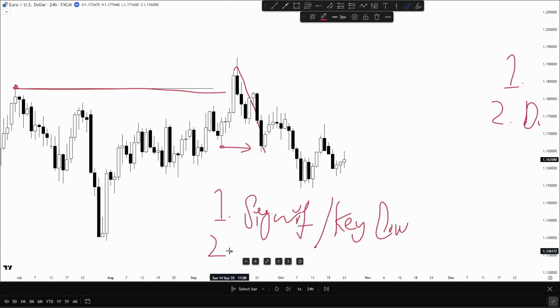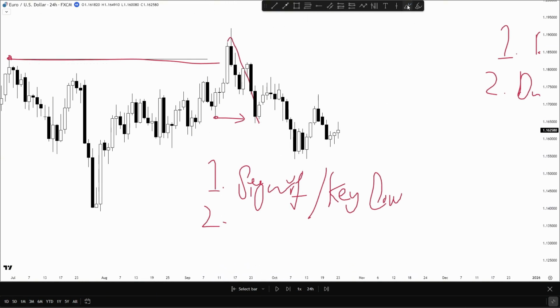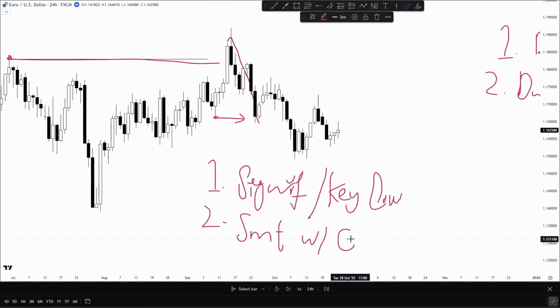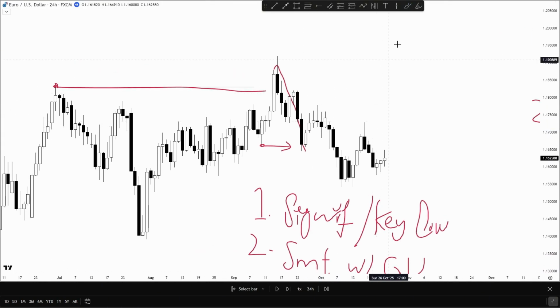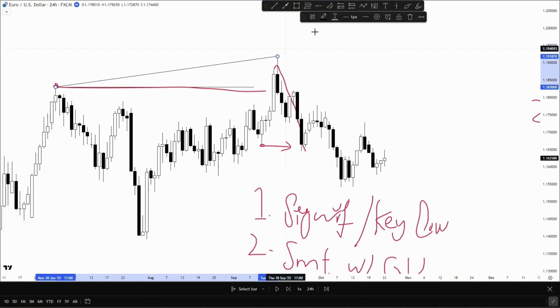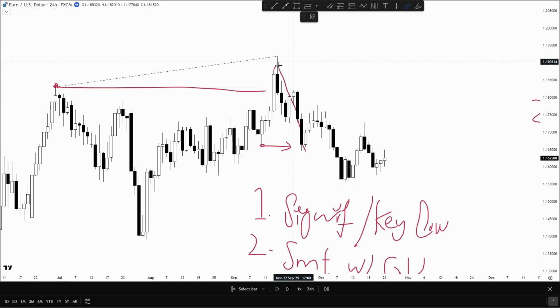The second reason here is that we had an SMT with GU. Okay, you can see that EU took out this high. Let me show you. EU took out this high, but GU failed to do so, and that led to this non-symmetrical price action between the two correlating assets, and that non-symmetry led to this divergence between them.